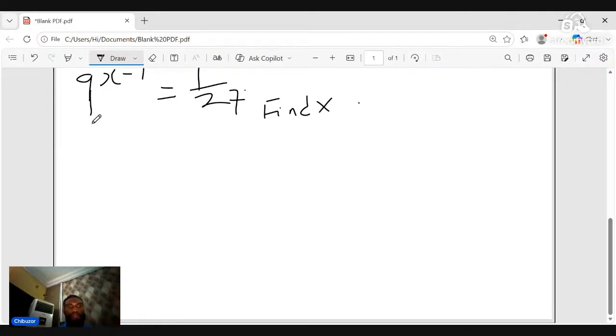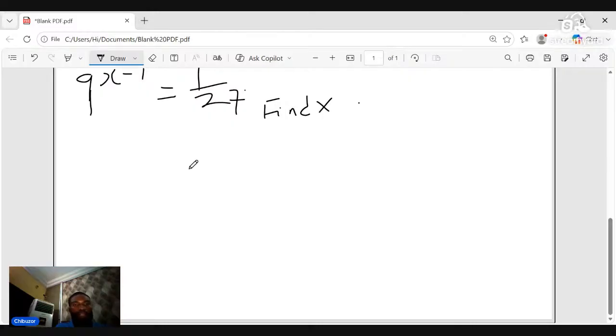Remember, when you are solving indicial equations, your first step is to try and convert the bases to the same thing. When you convert the bases to the same thing, it will be easy for you to cancel out. What do I mean? Since 9 is the base here and 27 is the base here, we cannot cancel out both of them until we have a common base.